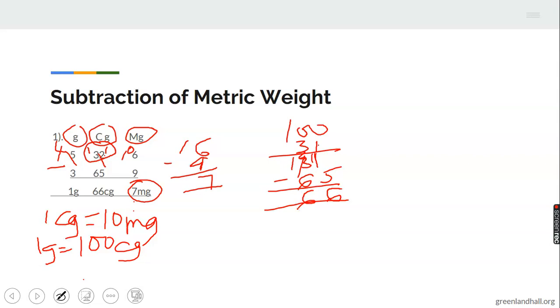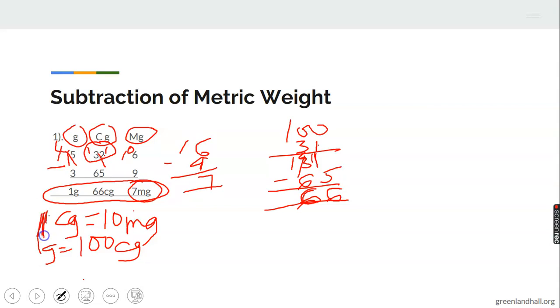Can you see that now? So 131 minus 65 centigram will give us 66 centigram. Remember, you know that we borrowed 1 from this 5 gram before, it remains 4. So 4 minus 3 will give us 1. So that's how we get our final answer. 1 gram, 66 centigram, and 7 milligram. Is that taken? I've put it here on the screen.